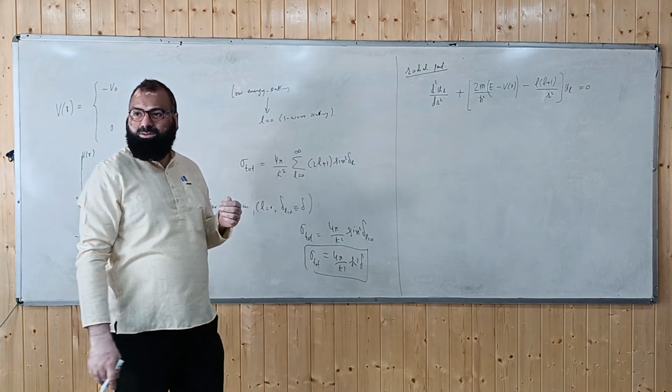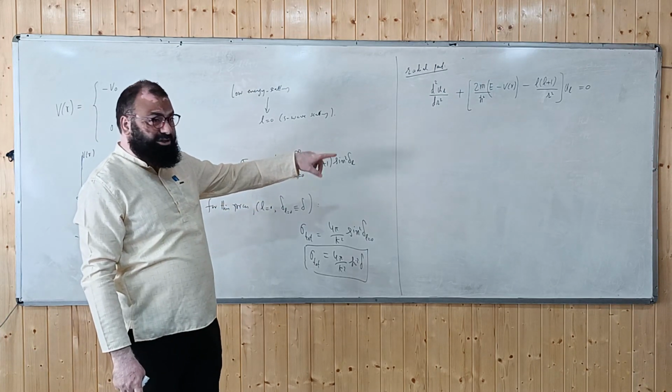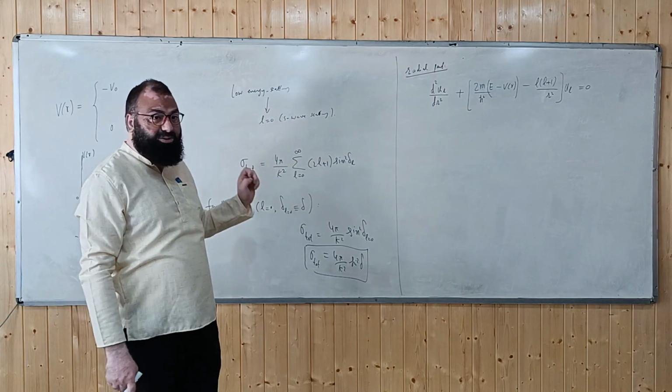So this is the radial part of the Schrodinger equation in terms of the potential and the angular momentum. Since L is equal to 0 here, clear?